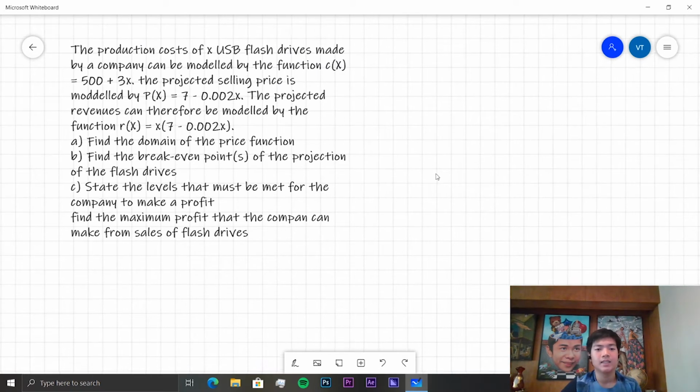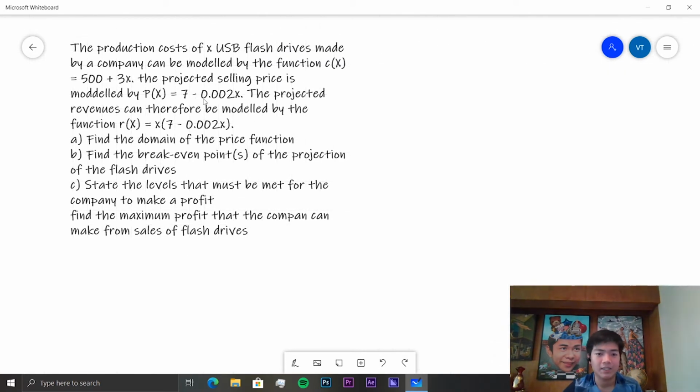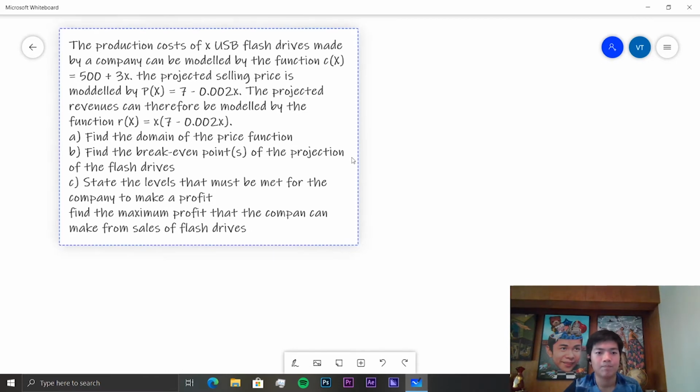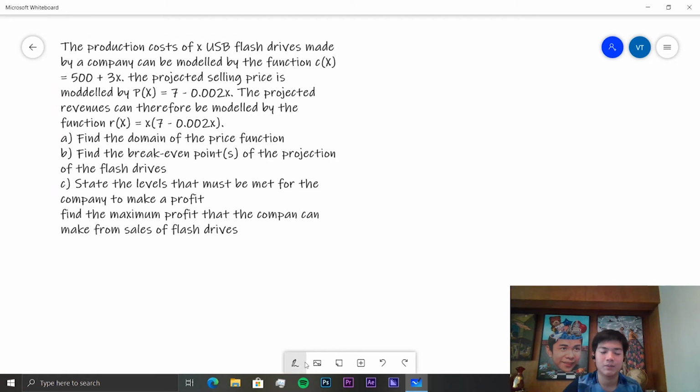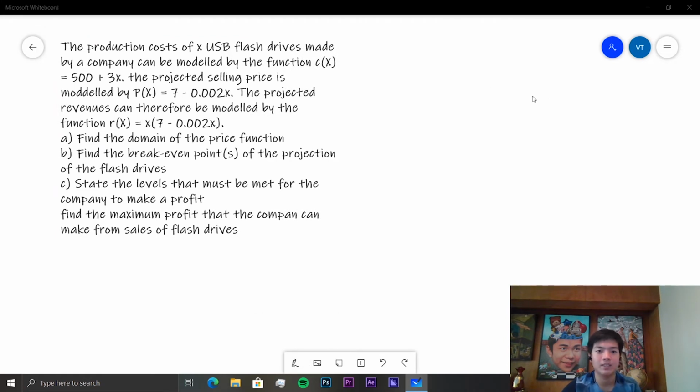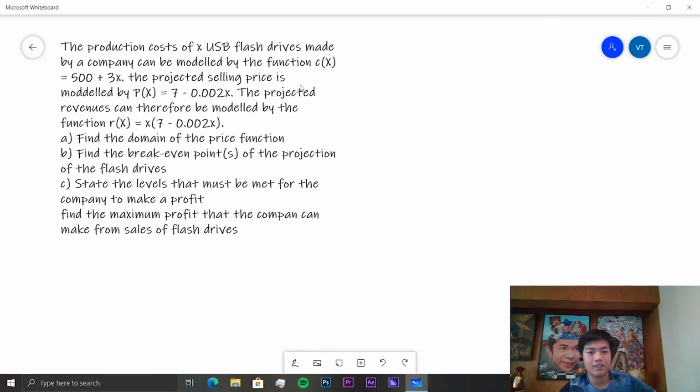Okay, this is a lot. Domain of the price function. Some obvious assumptions are that the range of the price function should never be less than 0, and the domain should always be greater than 0, because you're not going to sell negative calculators.